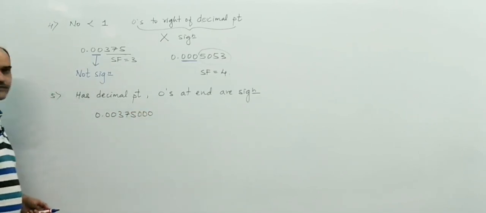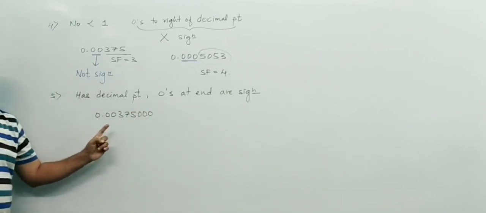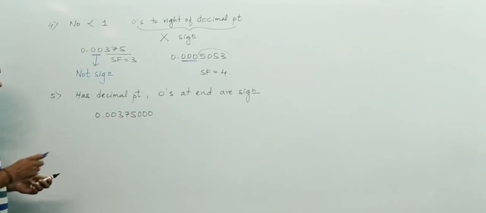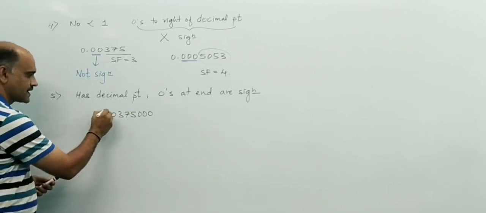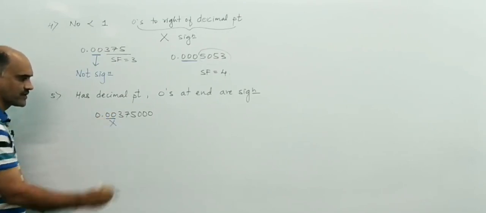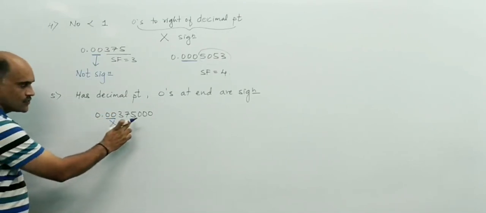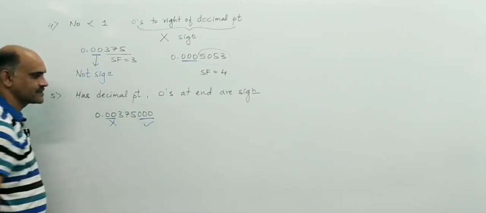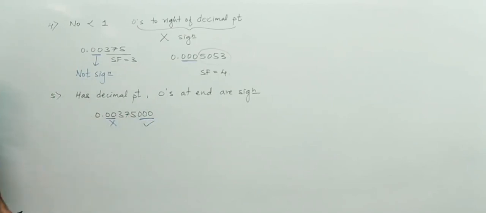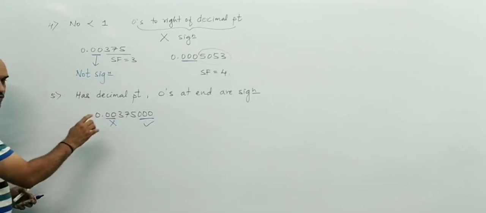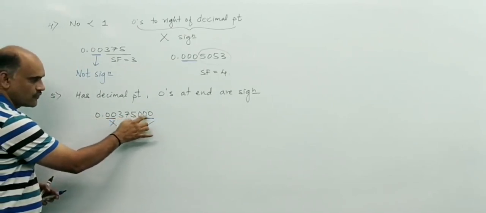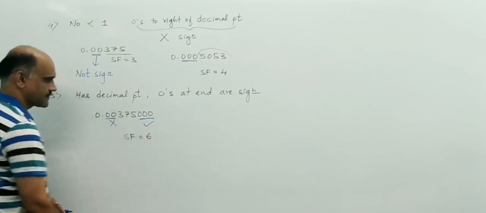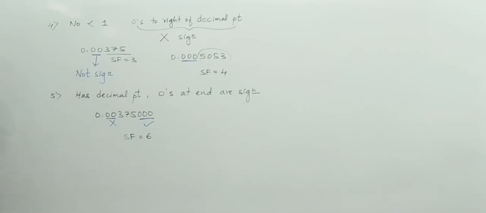You are required to count these zeros. So if you count 1, 2, 3, 4, 5, 6, the significant figures are 6.